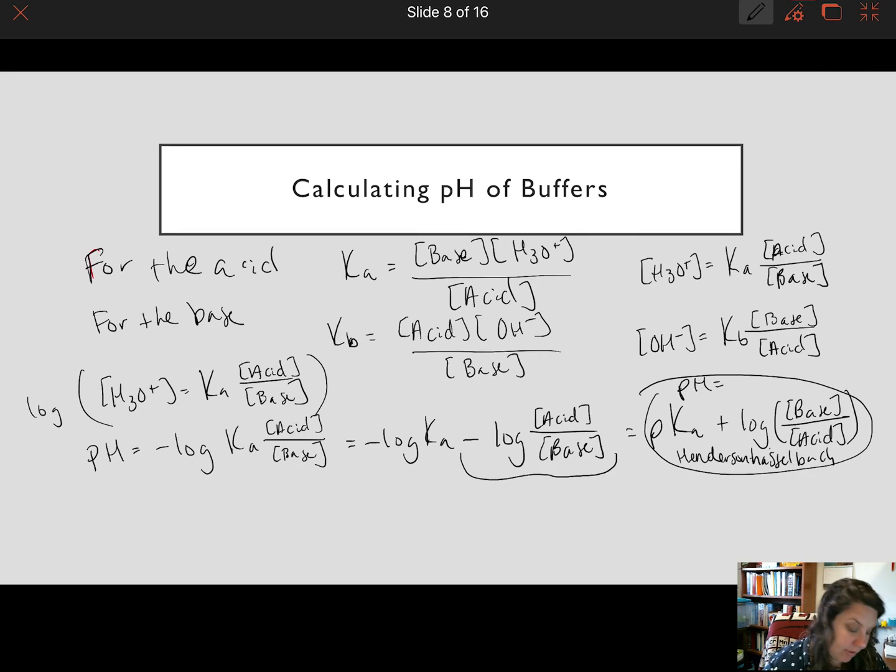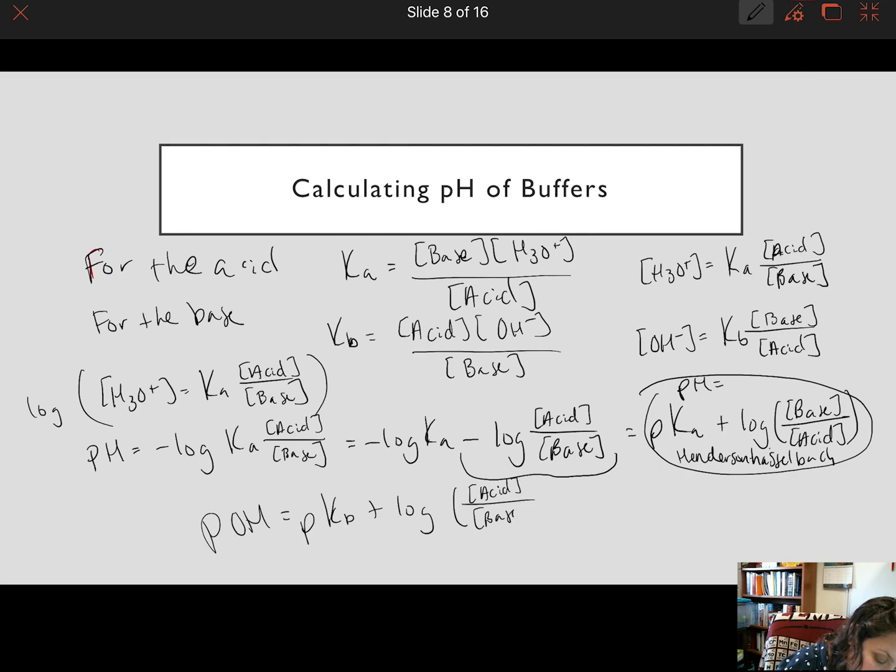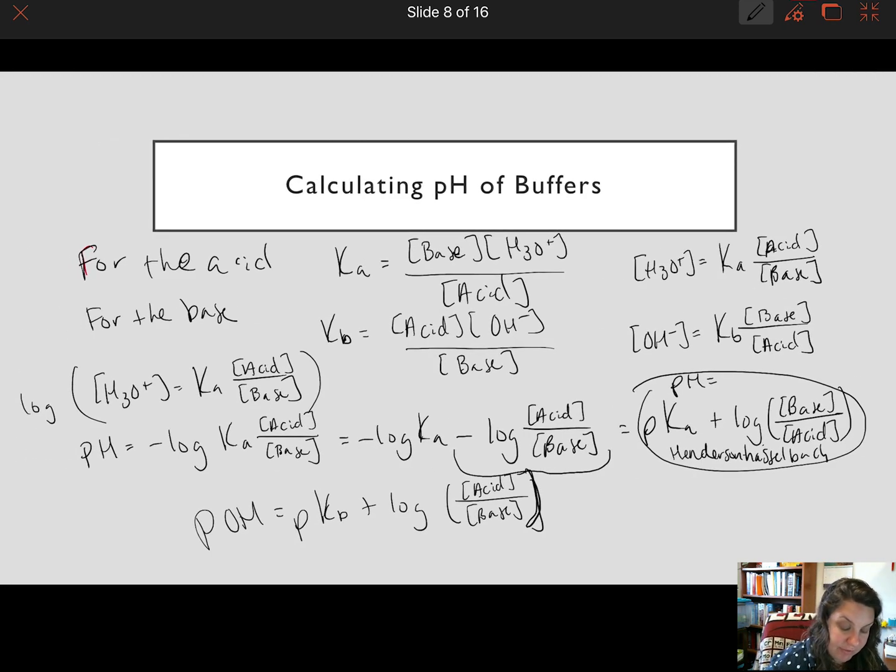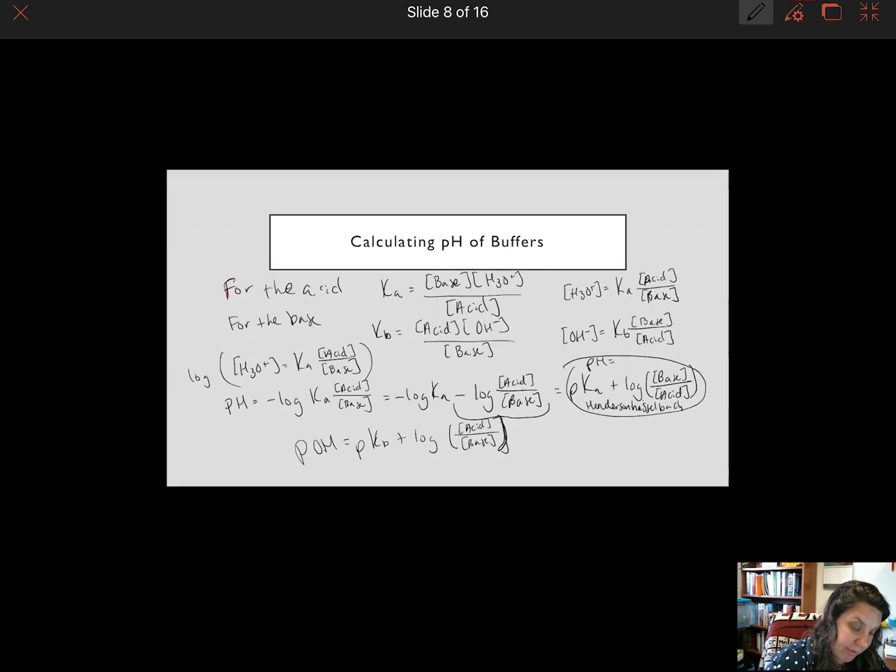We can also do the same thing with our base, and what we get is pOH is equal to pKb plus log acid over base. Okay, so this gives us our Henderson-Hasselbalch. Some notes about our Henderson-Hasselbalch.